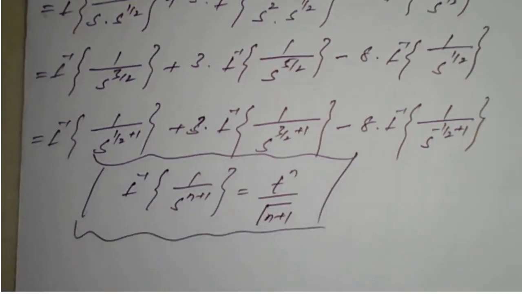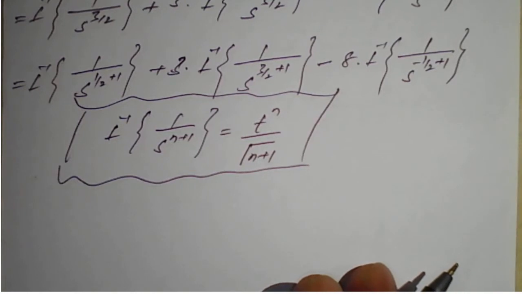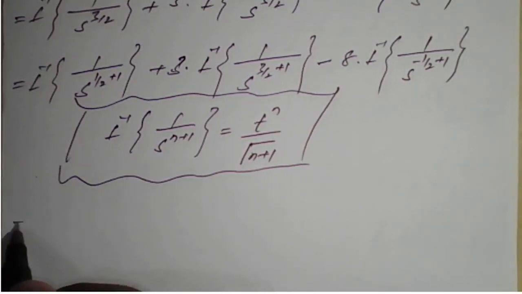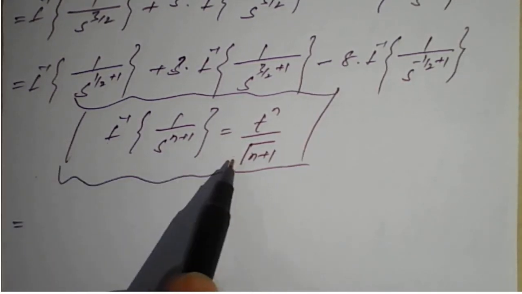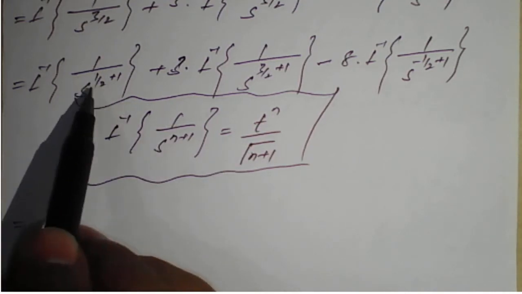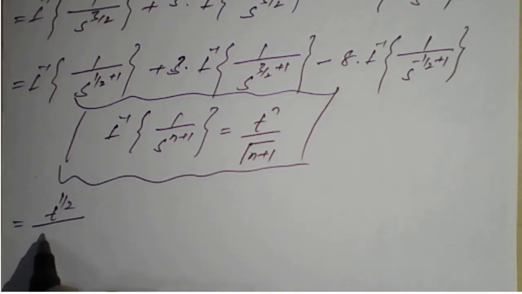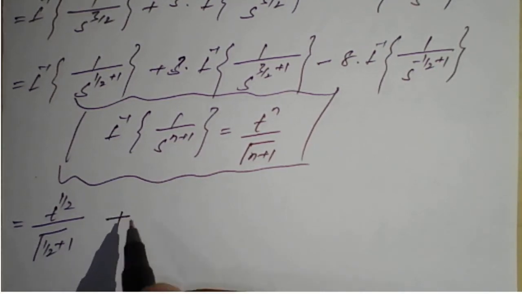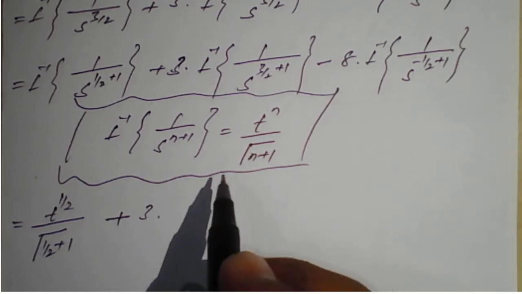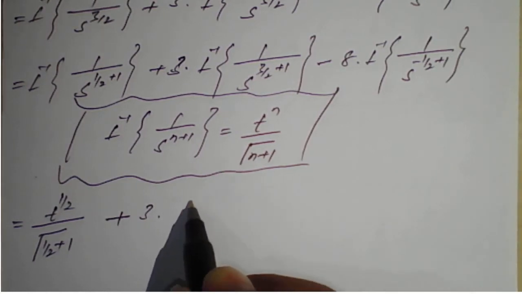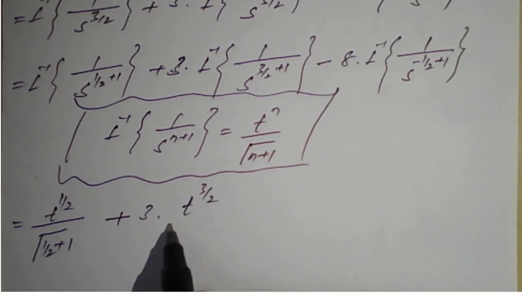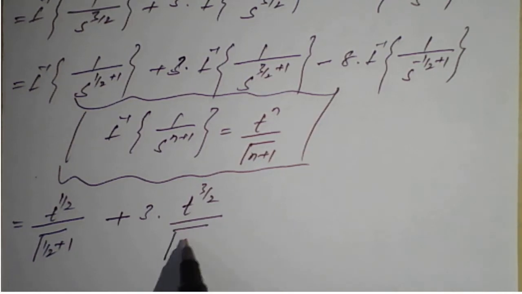So what happens, we'll see now by using this formula. n value is 1 by 2 in the first term. It will become t raised to 1 by 2 divided by gamma of 1 by 2 plus 1, first term. Second term, 3 into, so second term will become t raised to 3 by 2 divided by gamma of 3 by 2 plus 1.